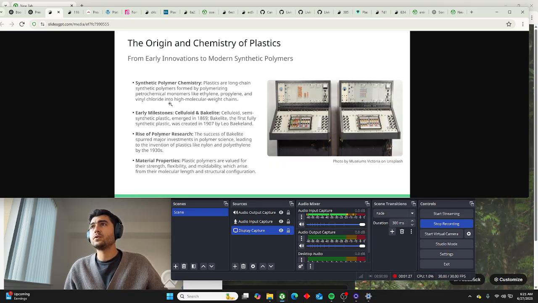Bakelite, the first fully synthetic plastic, was created in 1907 by Leo Baekeland. The success of bakelite spurred major investment in polymer science, and plastics like nylon and polyethylene. By the 1930s we had these materials, valued for their strength, flexibility, and moldability, which arise from their molecular length.